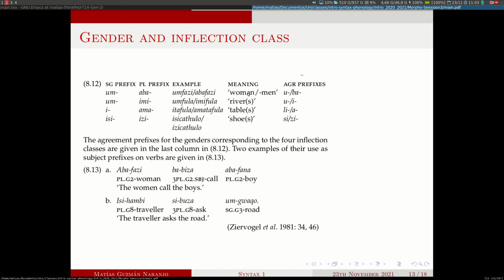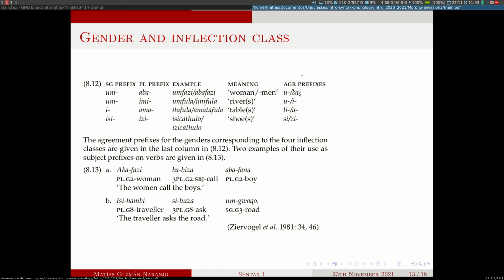So here is woman or man, and you also have the agreement prefixes. Now, the point here is that the inflection class of the noun is marked by these prefixes.